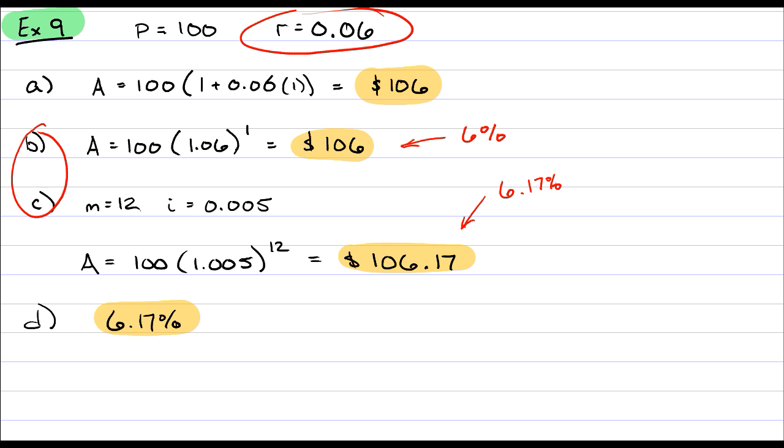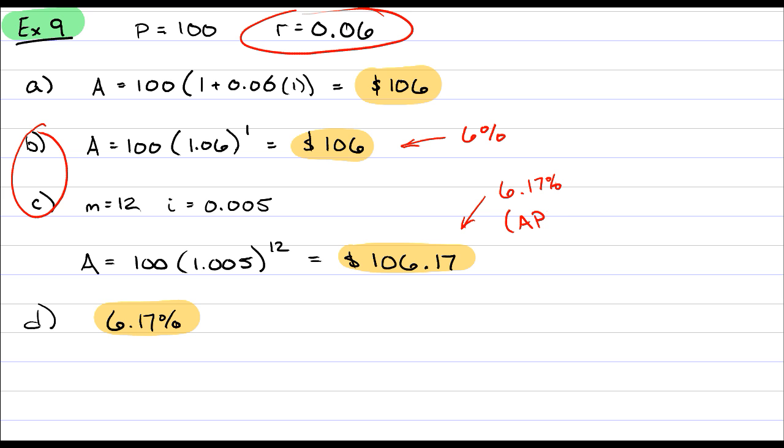So that annual rate that we give, that R, is actually called a nominal annual rate. It's an interest rate in name only. If you want to know effectively what rate you're truly getting over the course of the year, you need to calculate what's called the annual percentage yield, or APY.